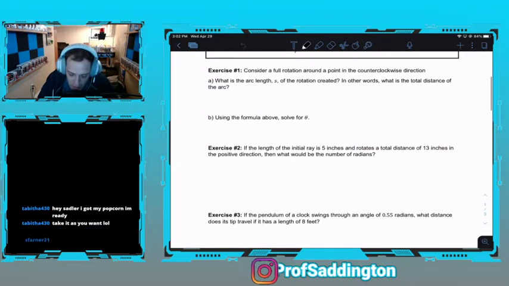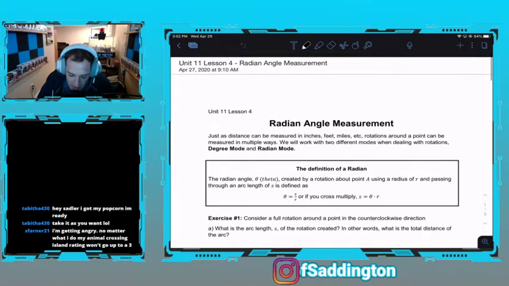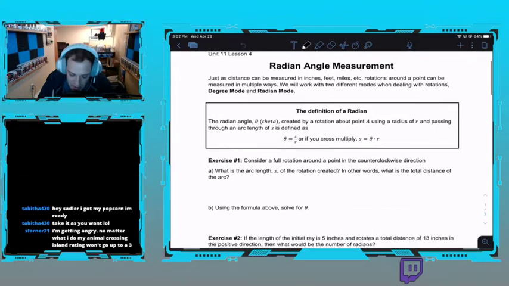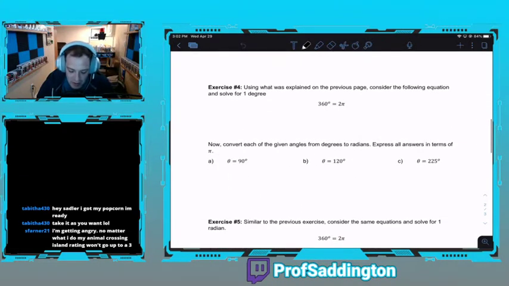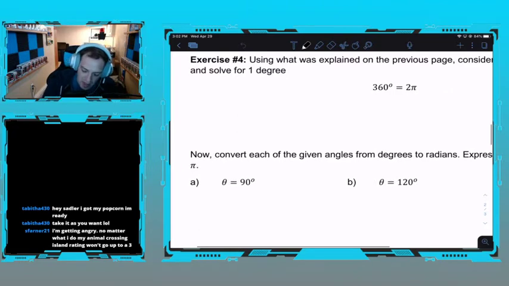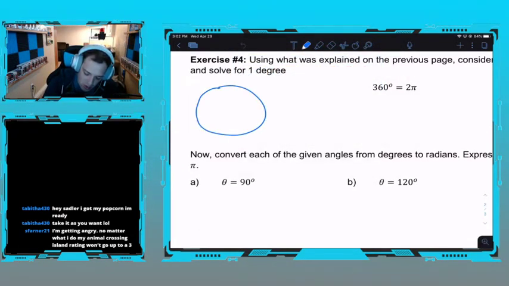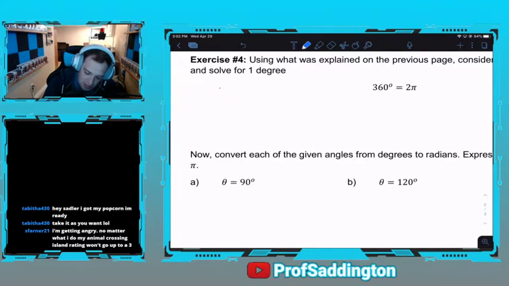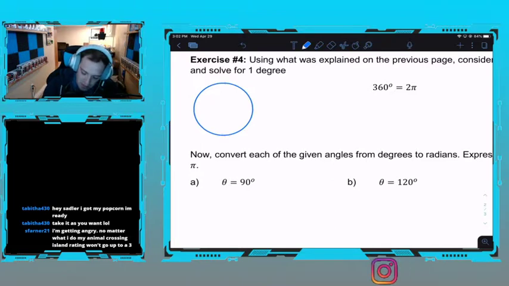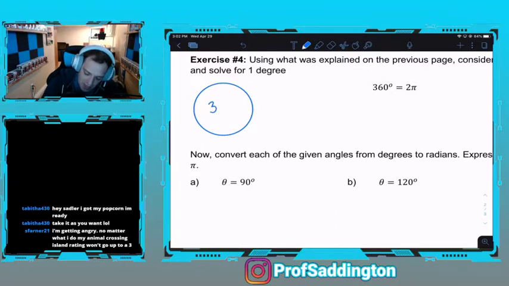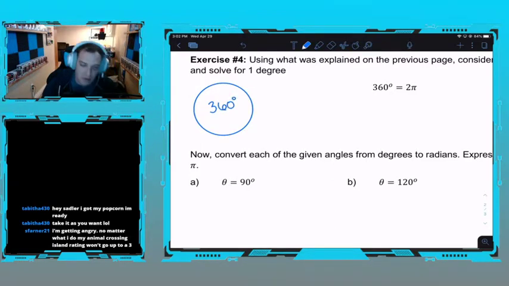I'll just draw a picture of it so you guys can see it off to the side. If you have a full circle, you guys have always been taught that that is 360 degrees for a full spin.